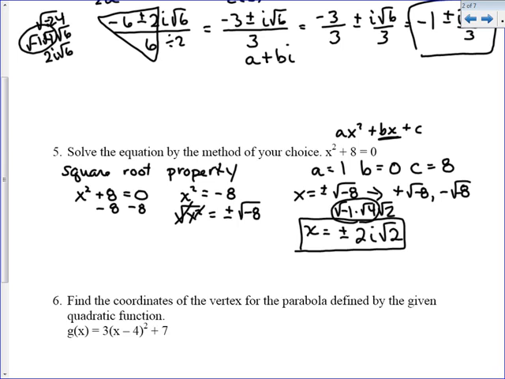Which is 2 answers. There are 2 values that make this true. Positive 2i square root of 2 and negative 2i square root of 2. And you're missing one of those answers if you don't put the plus or minus. Questions? Method of your choice, I don't care. When in doubt, quadratic formula. Works every time.